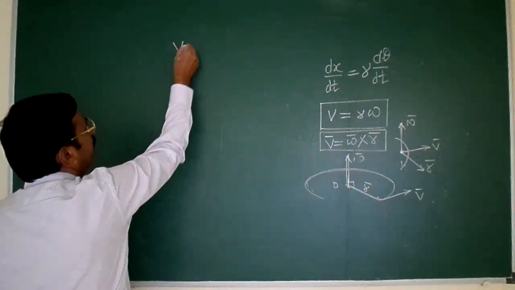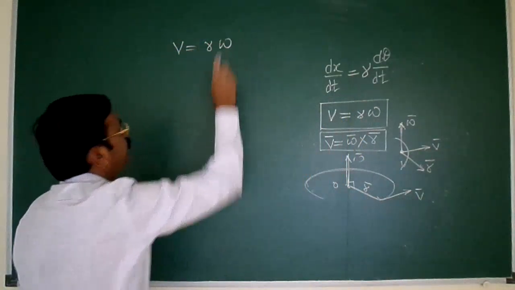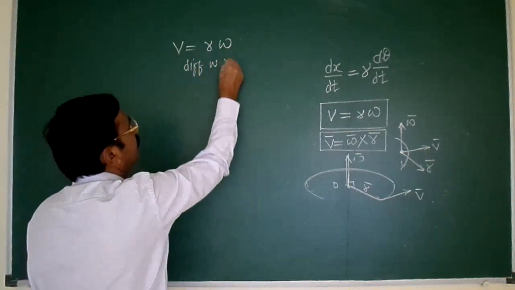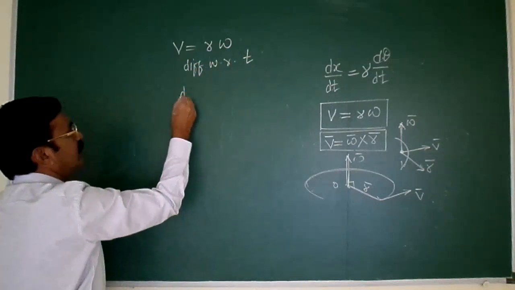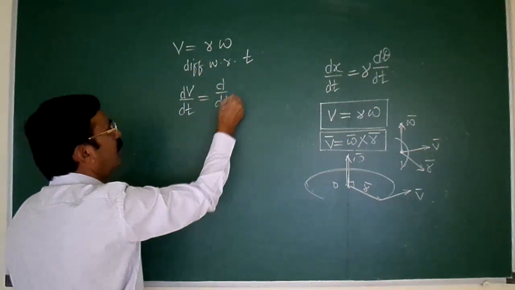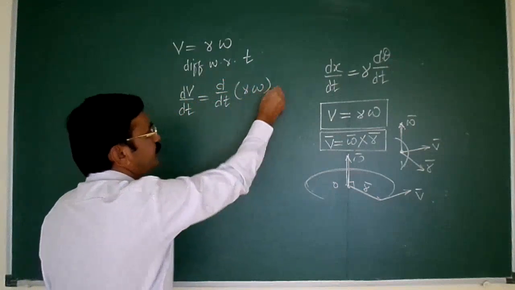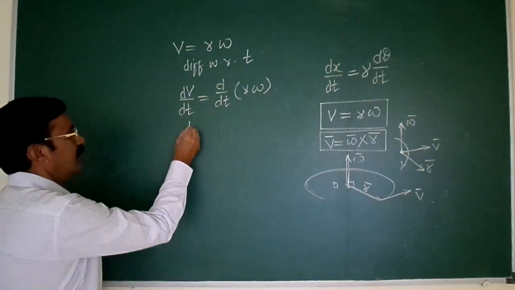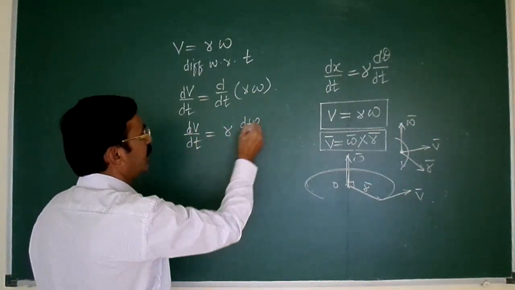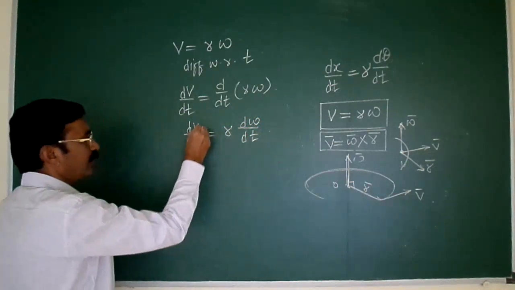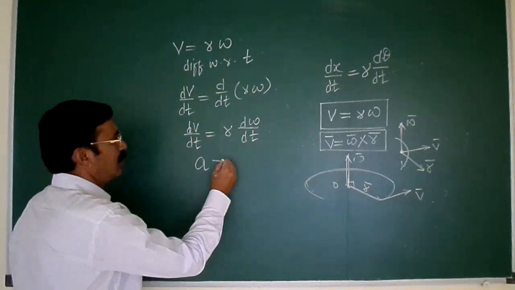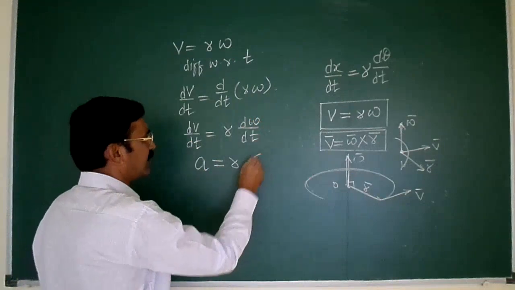So with V is equal to r omega, if we differentiate this with respect to time, then dV upon dt will be equal to d by dt of r omega. So dV upon dt will be r times d omega upon dt. So this is nothing but the linear acceleration A. This will be r times angular acceleration alpha.